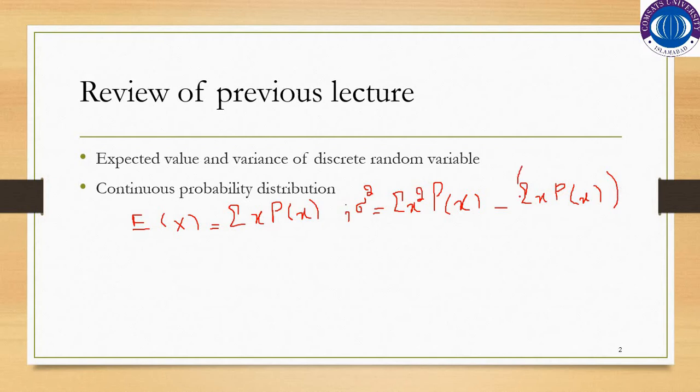This is the way to find the expected value and variance of the discrete random variable.